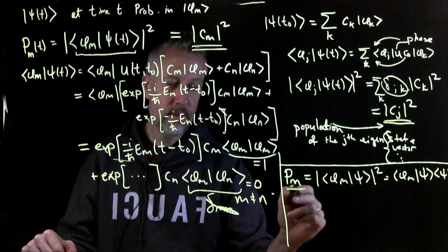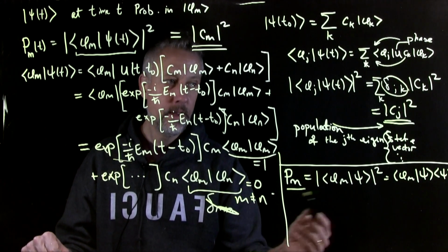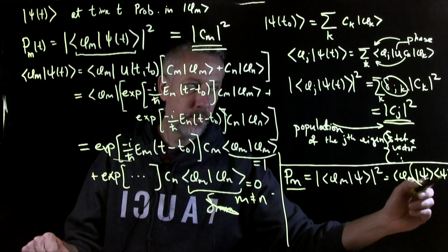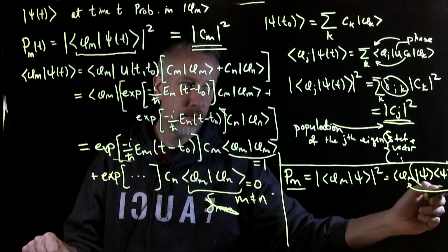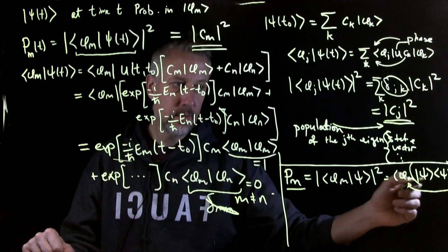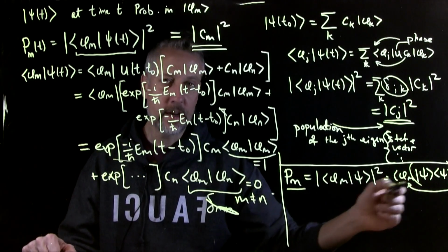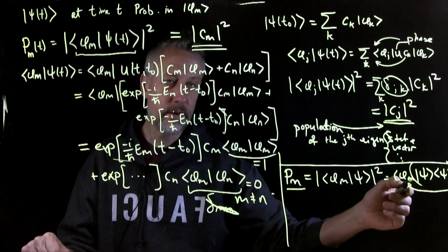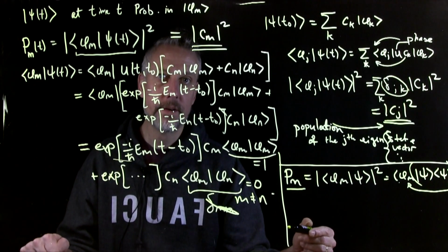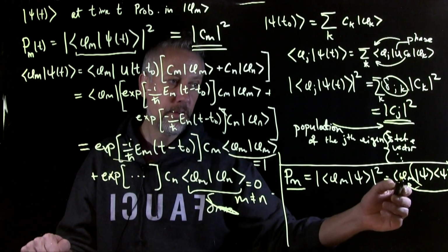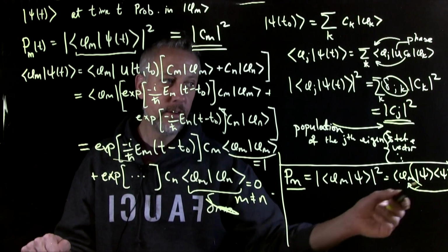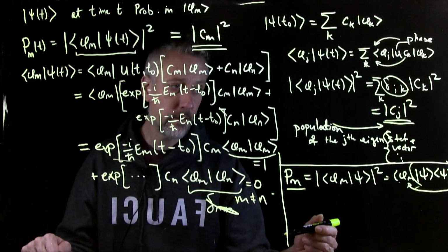This is the probability of being in a state m, which is actually not the expectation value, but the matrix element, the mm matrix element of this thing here. This is an operator. We'll define it later. If you've heard of it, it's called the density operator. So this is the mm element of the density operator. That's one way you can write this.